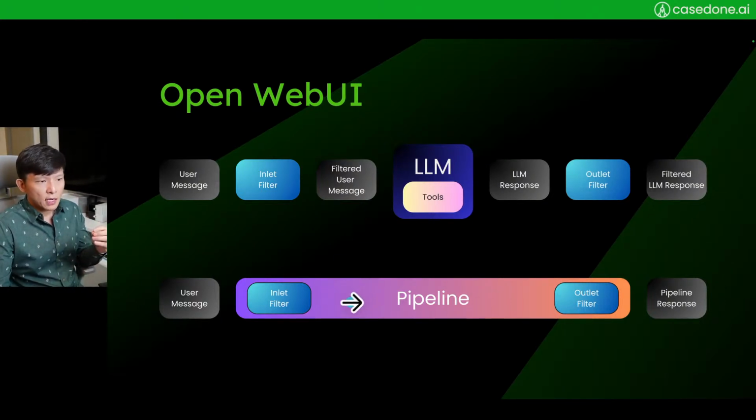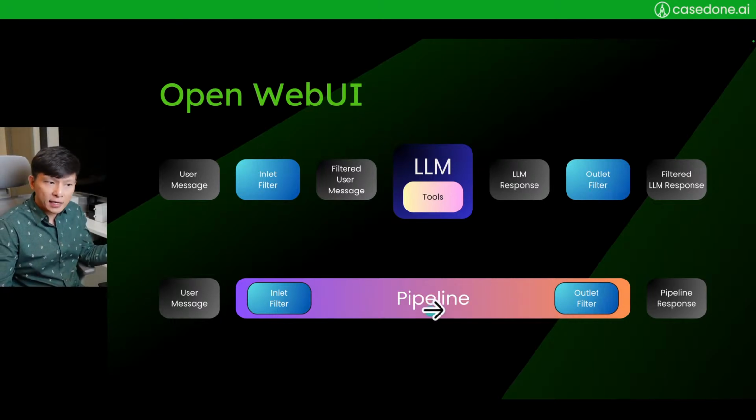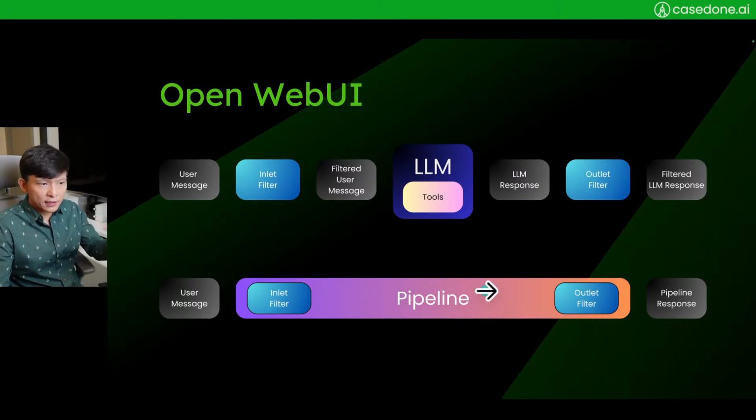You can call an API to query an external website or external database, or an external RAG vector embedding database. You can have another LLM inside, or even a system of agentic workflow functions in there. So it can go wild inside the pipeline.